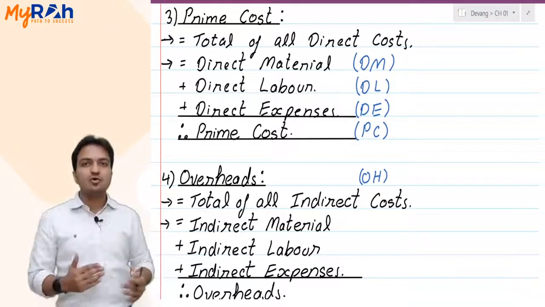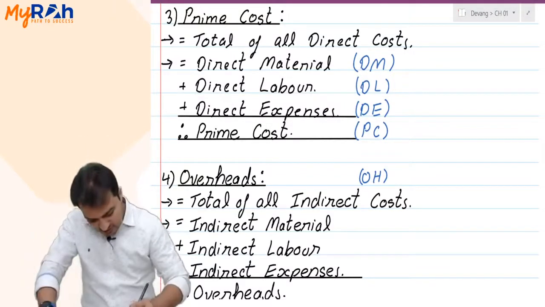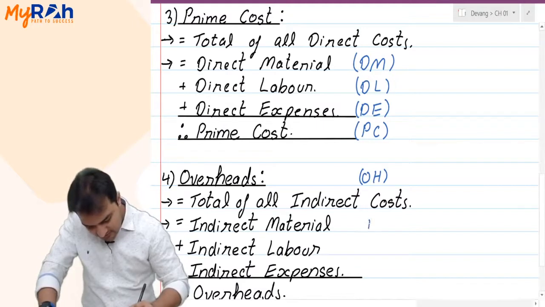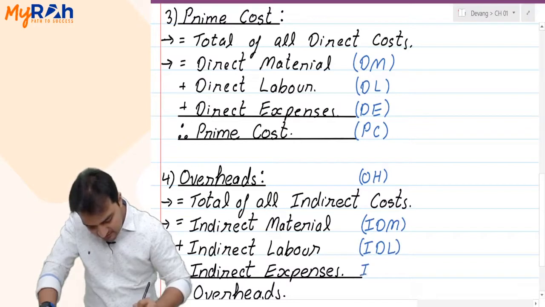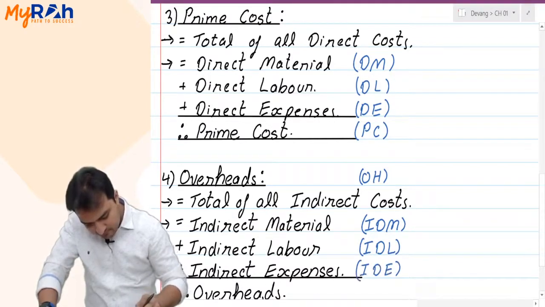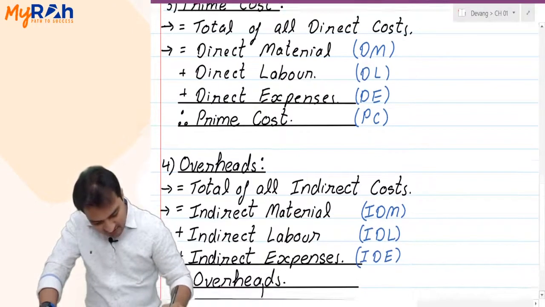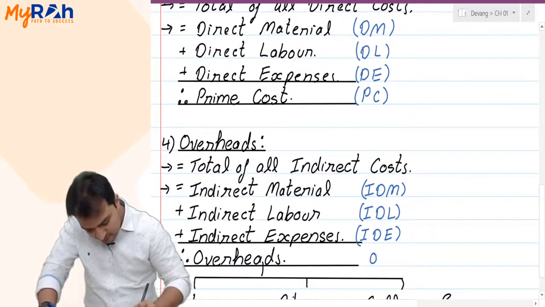Now you already know the examples of all those items, so I'll just use short names like this. Indirect material I will call IDM, indirect labor will become IDL, and indirect expenses, other expenses, will become IDE. So the total is now called overheads, OH.